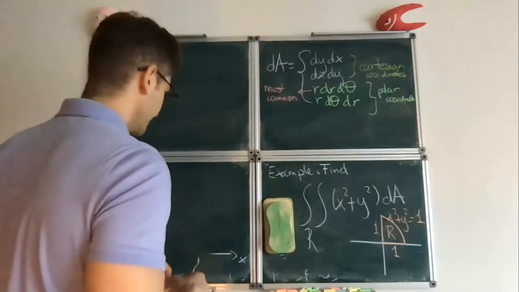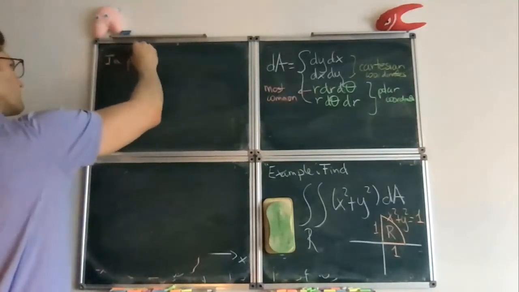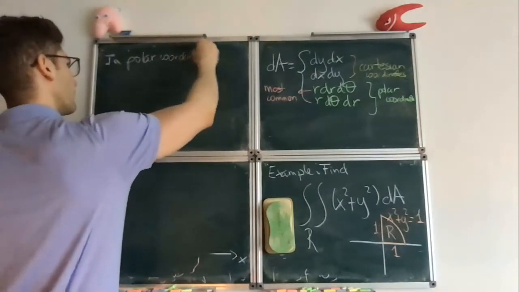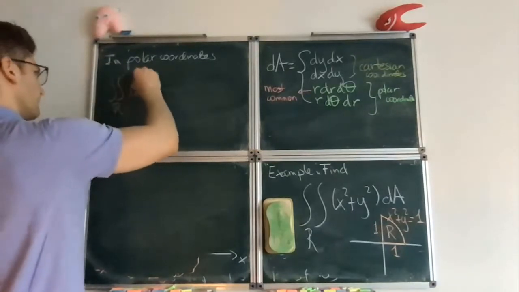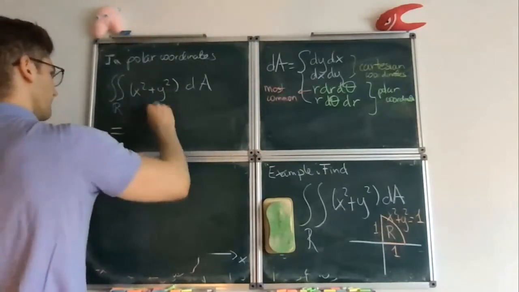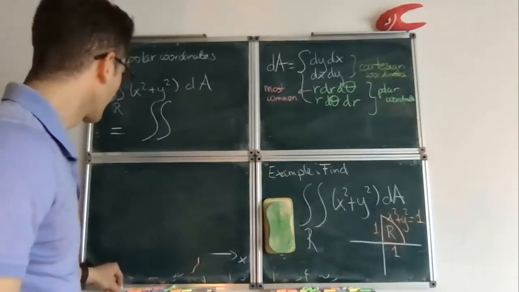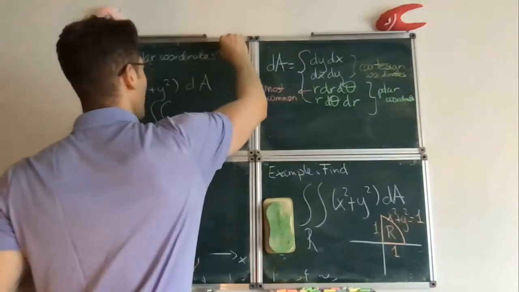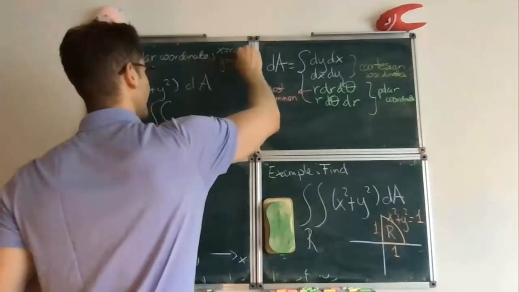So let's do it. So in polar coordinates, well, first of all, remember that the idea of doing polar coordinates is that every instance of x and y gets replaced with their formulas in terms of polar coordinates.